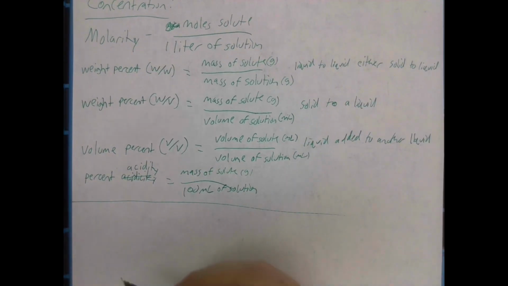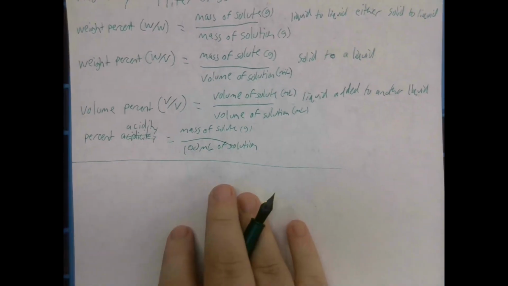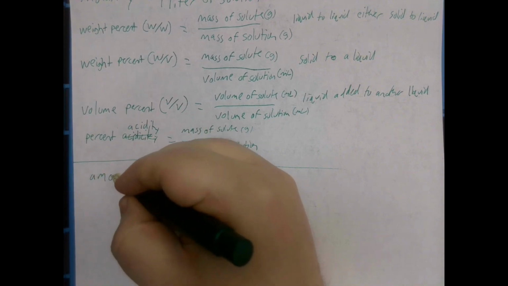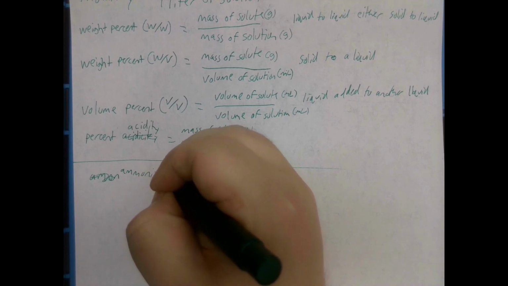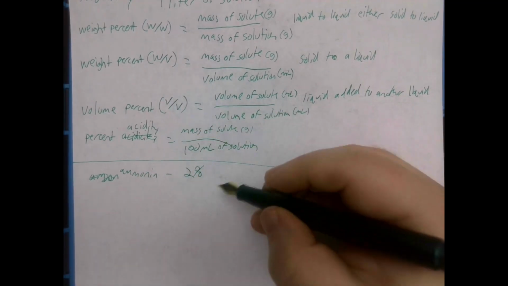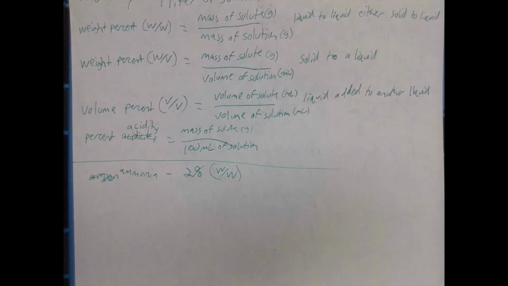So, for example, when you buy ammonia, which is considered a Lewis base, let's say you buy an ammonia solution that is 2%, which you eventually find out is measured weight by weight.